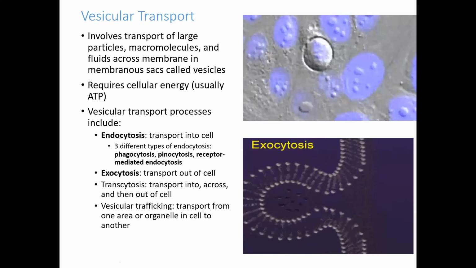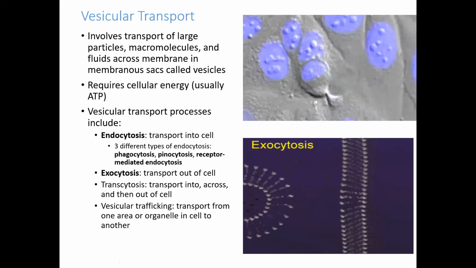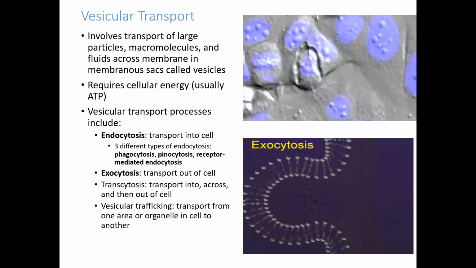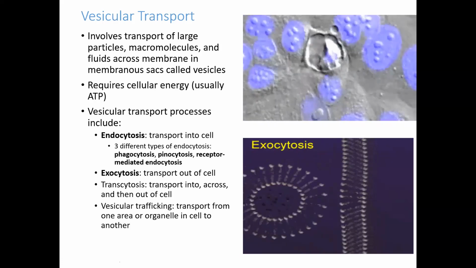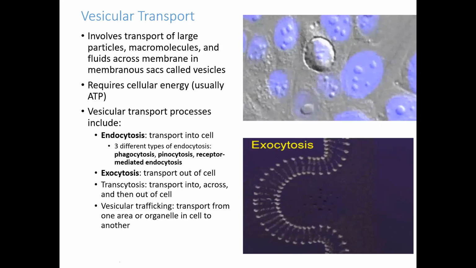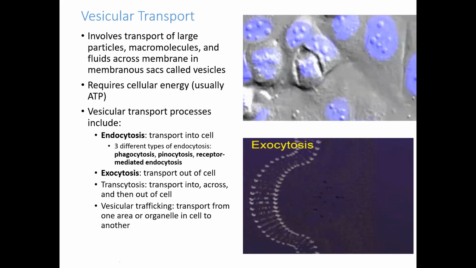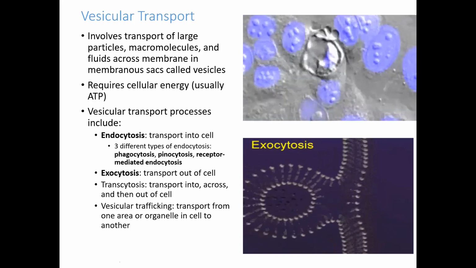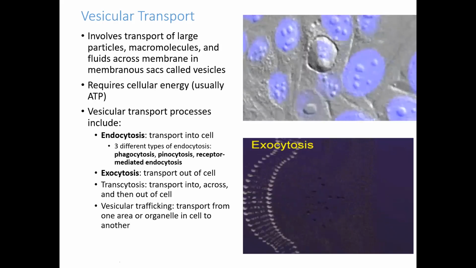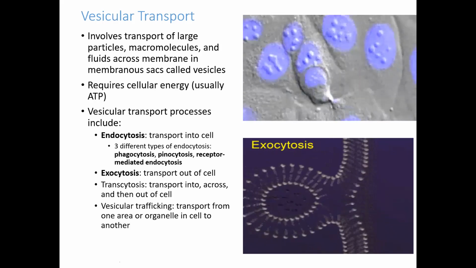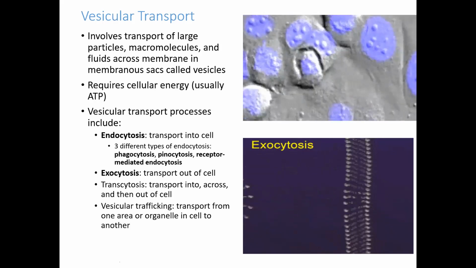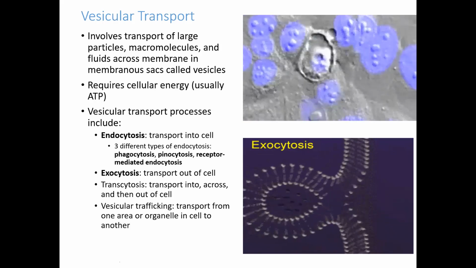A white blood cell will extend its membrane around the bacteria, the virus, the fungus, the protozoan, the dead or dying cell, and form a bubble inside, and then start breaking it down.